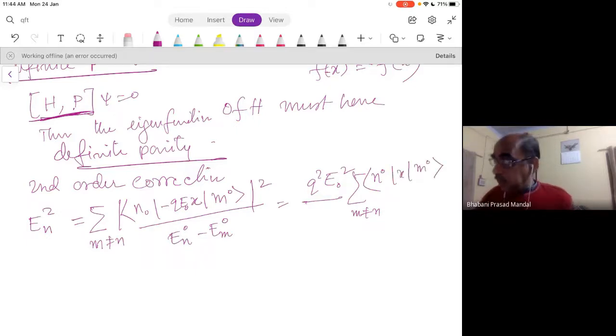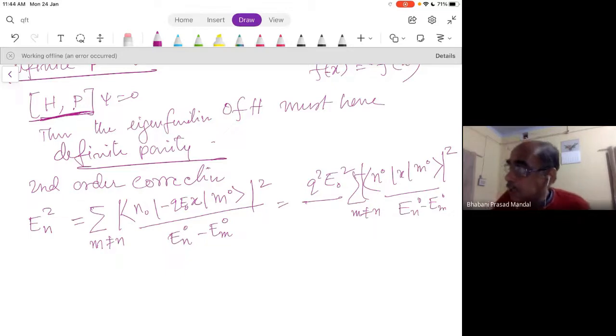But now they are different states, so I cannot say that this inner product will be 0. n and m may have different parity, so this is a mod square, it can be an even function. So it is not 0.